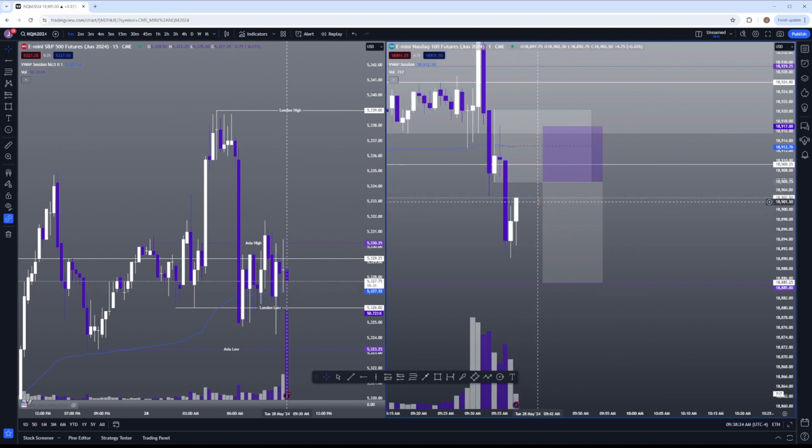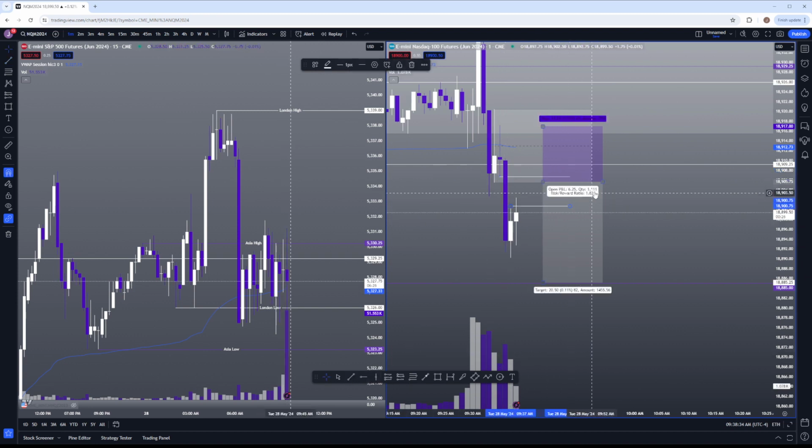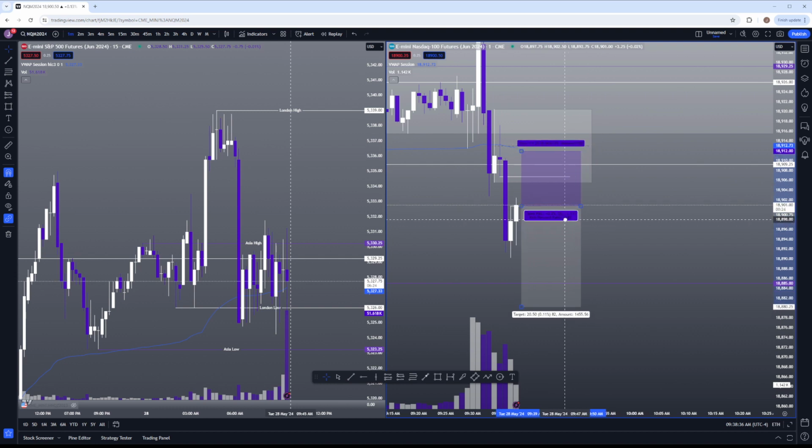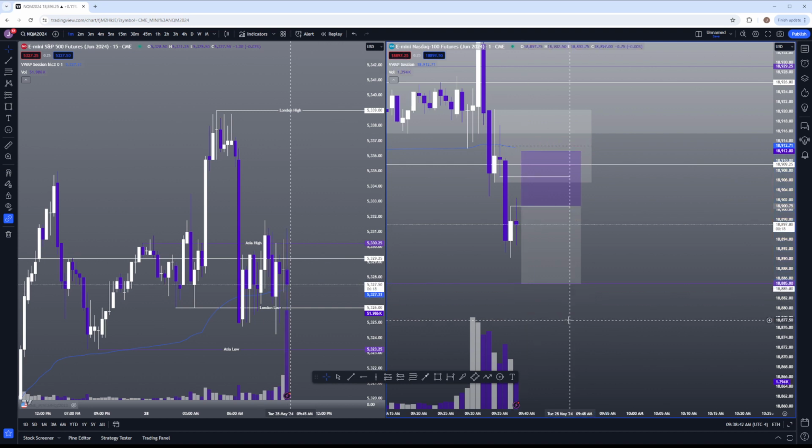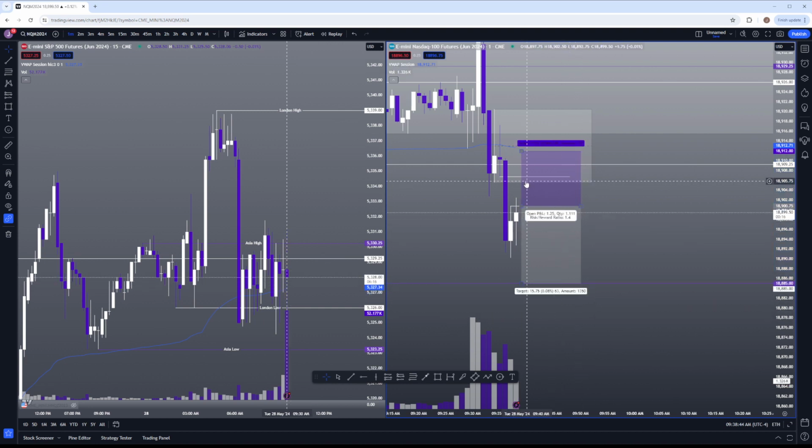Because here's another entry we could be looking for, is off this 1 minute fair value gap down to the shorts. You get that entry off this 1 minute right here. This could be a good entry, but at the same time, if we got an entry here, we're not looking at a ton of reward on this one. We're looking more like 63 ticks of reward for wanting to keep our stop up higher.